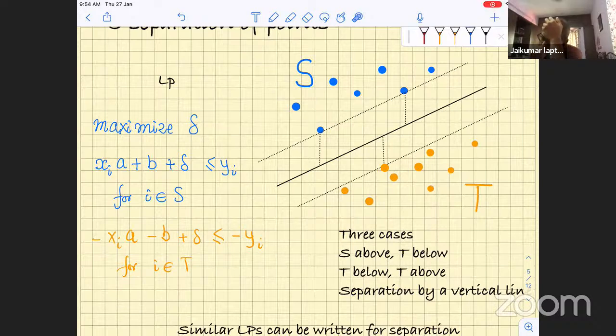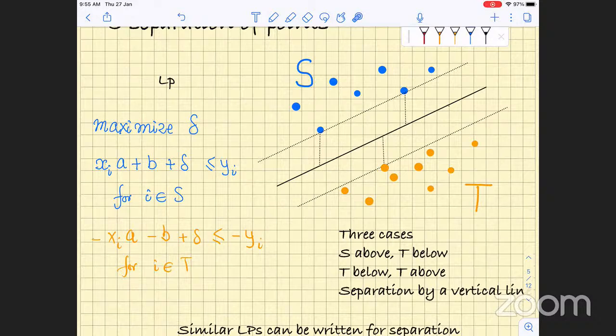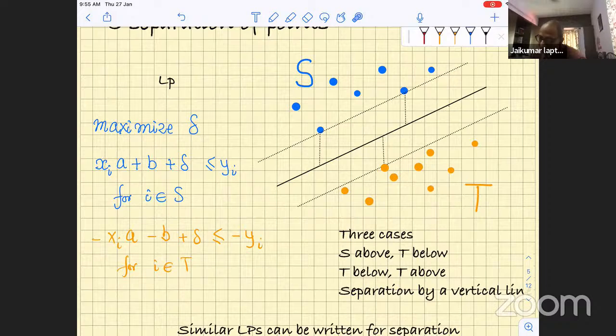Here I'm trying to maximize. I keep getting confused with this. So you take the point and subtract yi, and for all points which are in blue, when I subtract the yi from this, I will get a negative number, and that negative number should be less than minus delta.